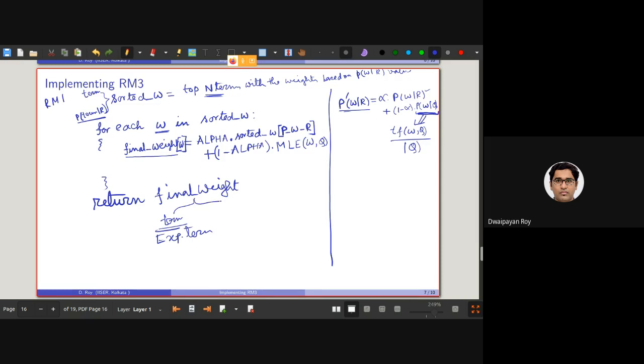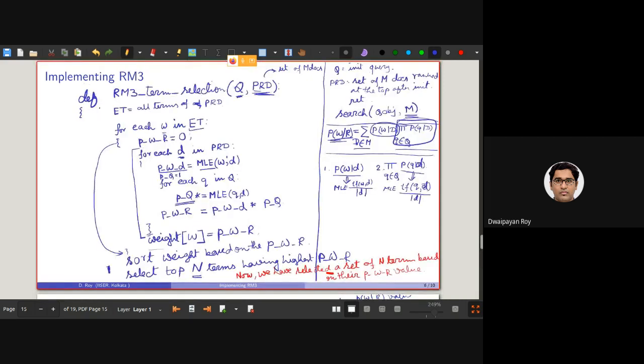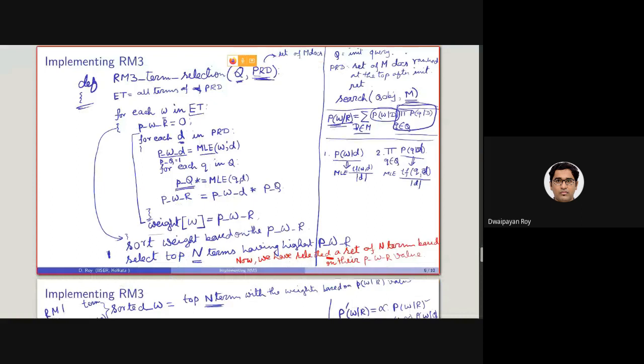Number two, it is storing the weight or the importance, which is basically the expansion weight. So this is the end of this function. Any question up to this?